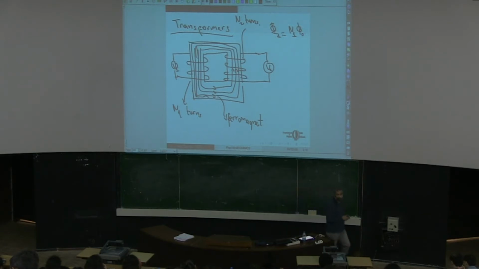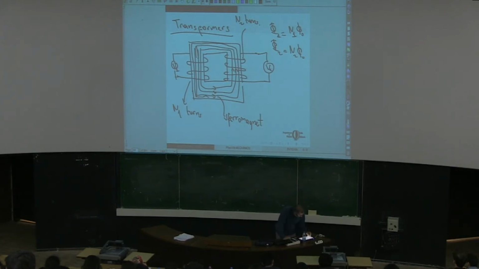So phi1 is nothing but N1 times phi0, and phi2 will be just N2 times phi0. Again, phi0 is the flux that goes through a single turn. So if we have N1 turns, the total flux through this solenoid is just N1 times phi0.